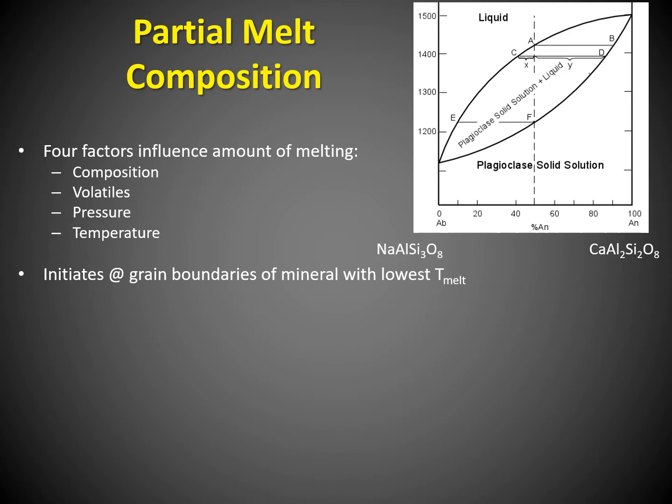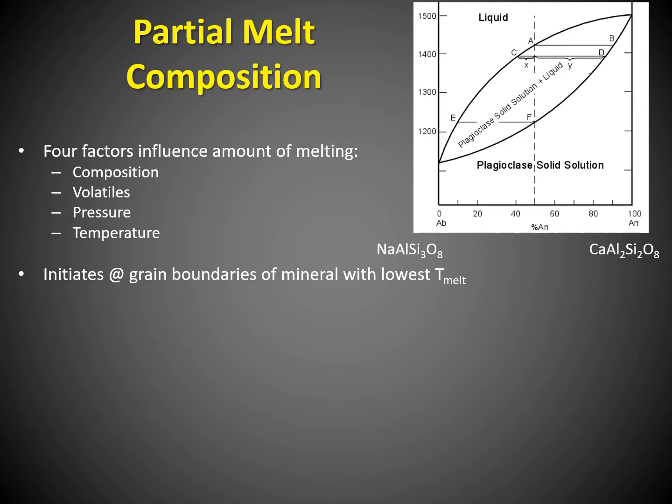Remember, we're trying to figure out if we melt something in the mantle that's ultramafic and has garnet and olivine, why don't we end up with lava flows that have garnet and olivine? The melt is different than what the parent rock is. And that's why I'm putting up these phase diagrams to try to show what's going on there.